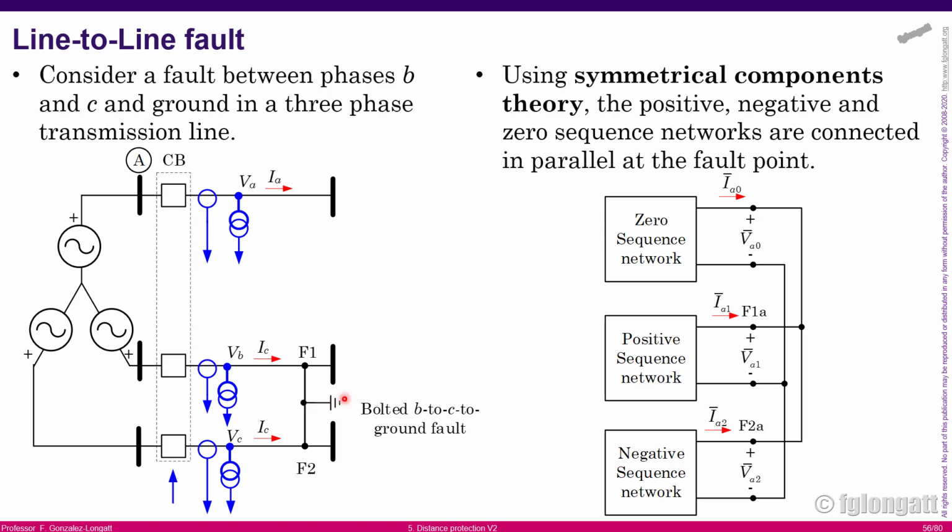We are assuming that this is a bolted B to C ground fault, which means there is no impedance. From symmetrical components, my power system analysis students must remember that the positive sequence network, negative sequence network, and zero sequence network must all be interconnected in parallel.